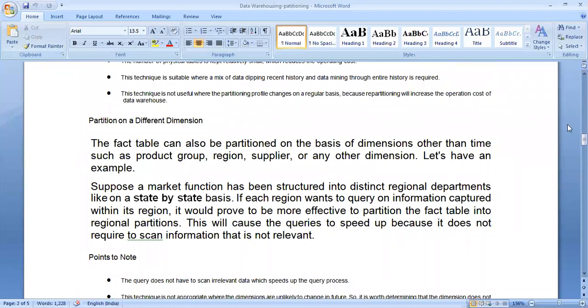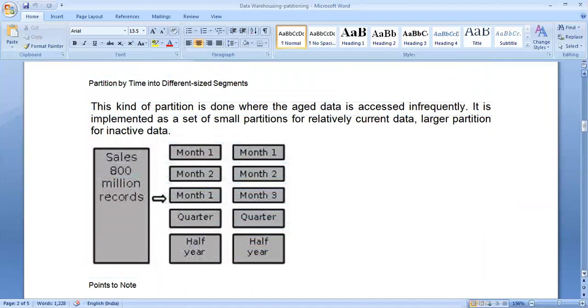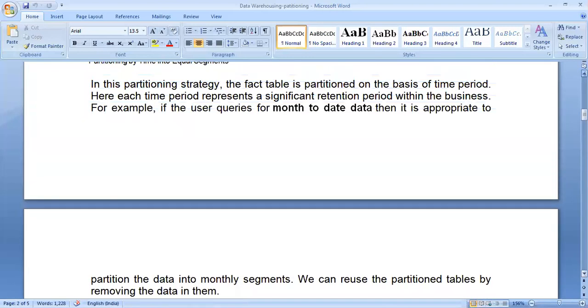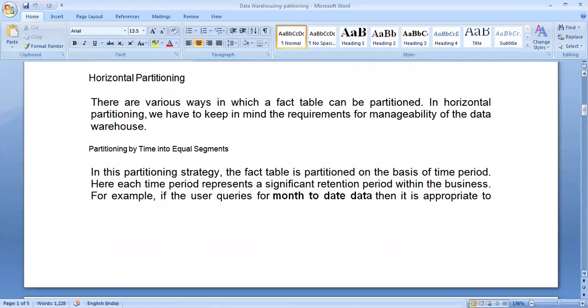So first, starting with the partitioning with equal segments, let's take an example of state-wise population of India. Suppose along the x-axis we have marked the states of India, and along the y-axis we are representing the population of the corresponding states.